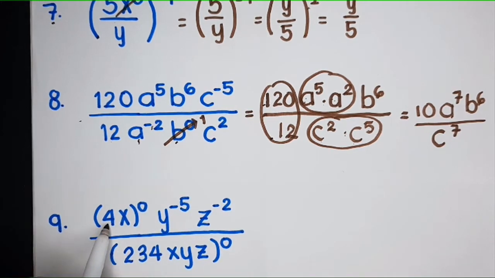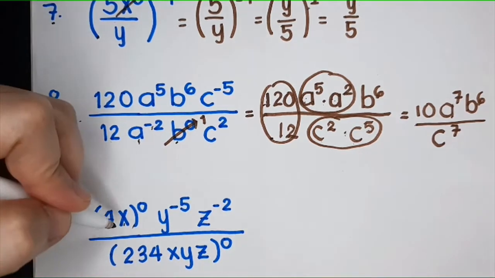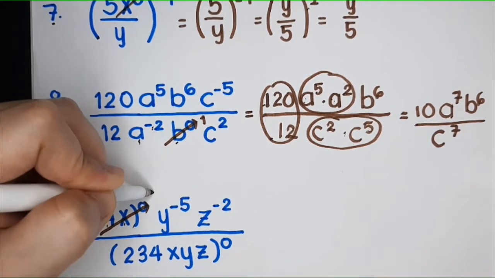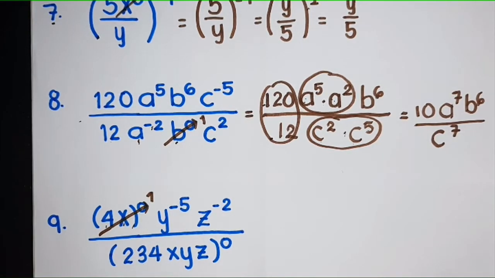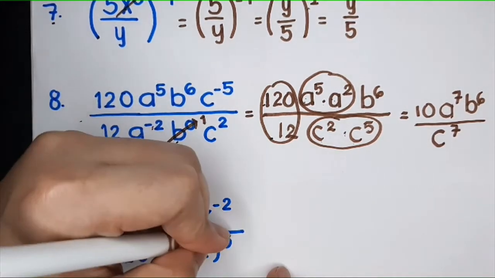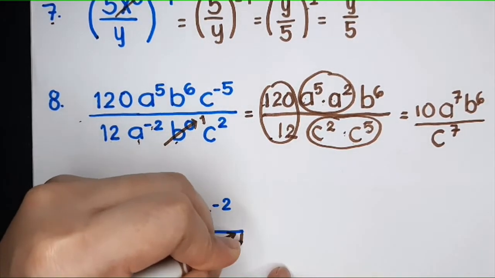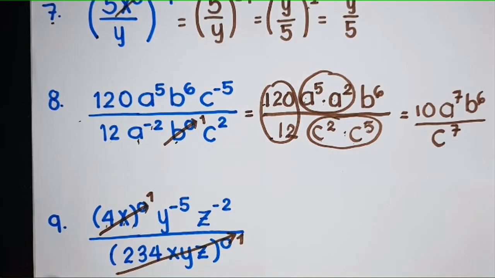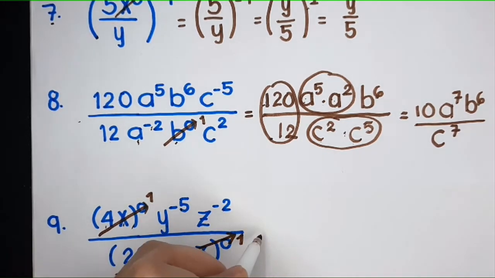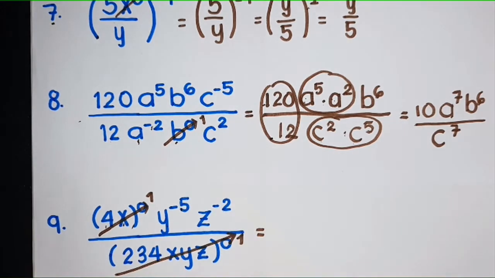So, you have here 4x and then raised to 0. So, obviously, this expression becomes 1. Okay? Tapos, tingnan nyo rin yung denominator. Okay? Lahat ng expression na ito, naka-raise sa 0. So, lahat ng ito, okay, 1 lang yan. Okay? So, you only have y raised to negative 5 and z raised to negative 2. Okay? How are you going to write them without negative exponent?